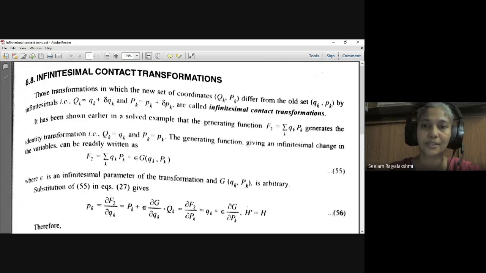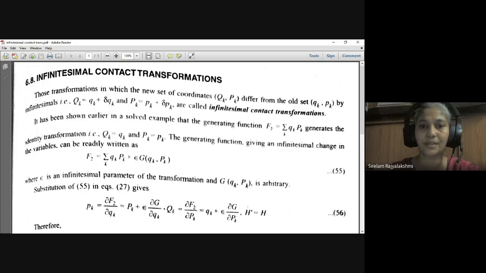So the generating function giving a very small change in the variables can be readily written as F2 equals sigma k qk Pk plus epsilon G of qk, Pk. Here epsilon is an infinitesimal parameter of the transformation, and G of qk, Pk is arbitrary.